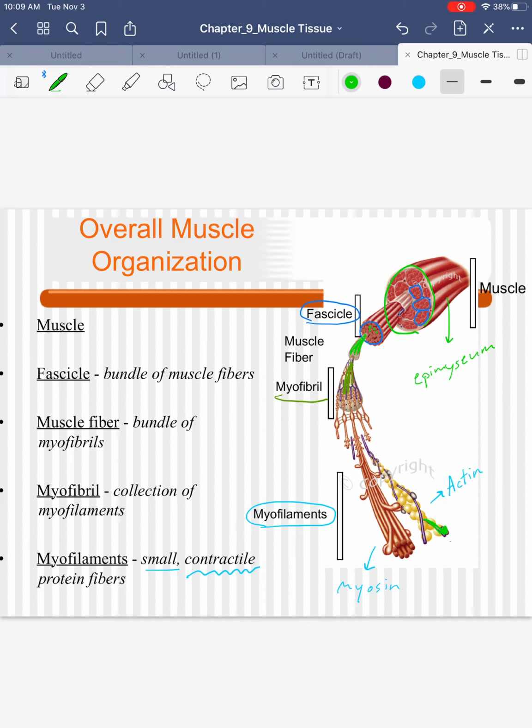So our two little subunits on actin are called troponin and tropomyosin. You'll see these spelled with either an O or an I, and either one is okay. Okay, so the smallest pieces are the myofilaments. The thin is actin, and the thick is myosin. Actin, the thin myofilament, has these two smaller subunits called troponin and tropomyosin.